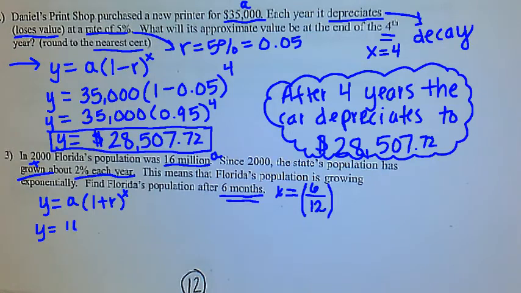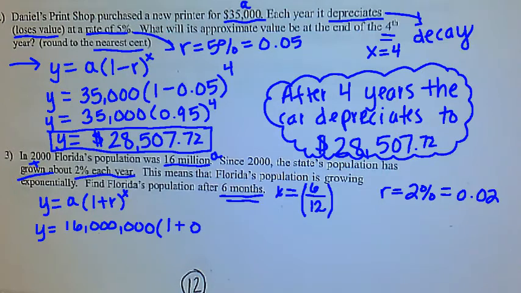Okay. All right, so we get 16 million. That would be 6 zeros. R is equal to 2%, which is equal to 0.02. And then we raise it to 6/12.